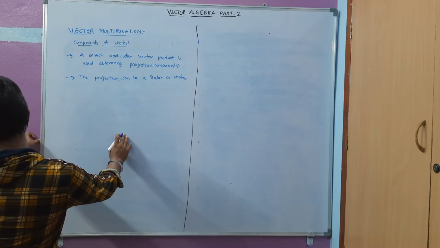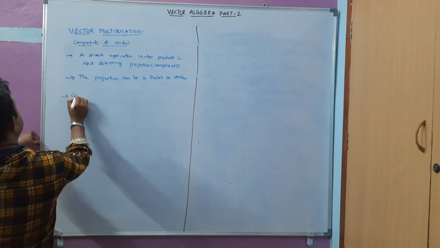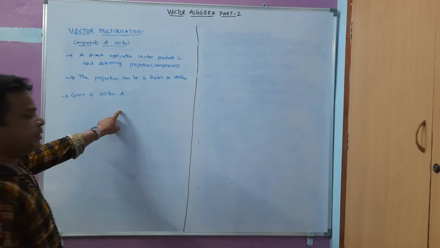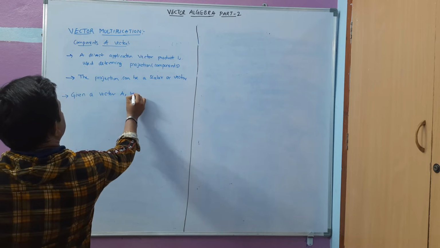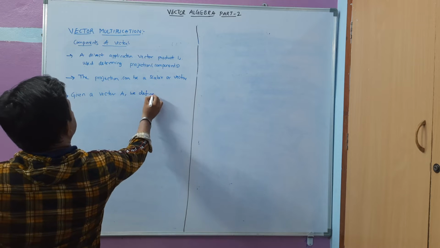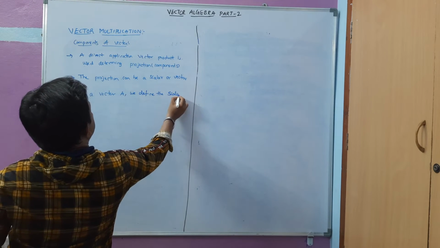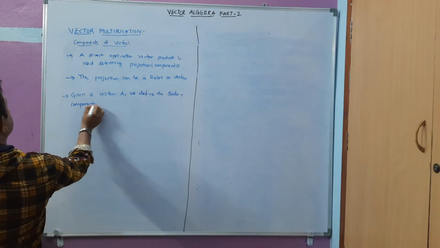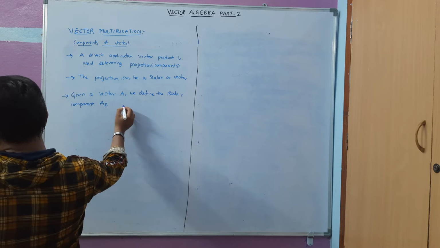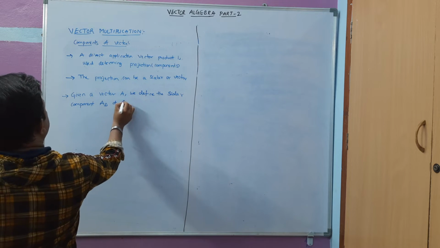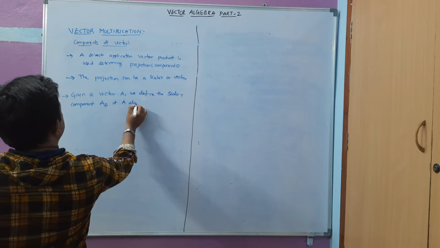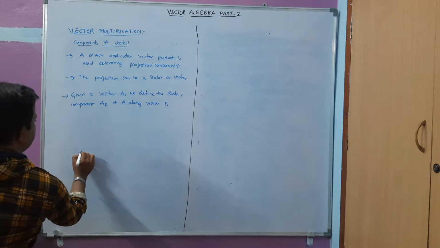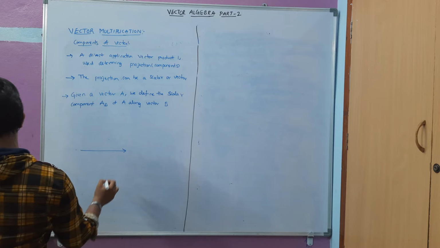So the scalar projection, okay, given a vector, let us take here, given a vector A, we define the scalar projection or scalar component, we can say the scalar component of A on vector B, AB of A along vector B. So we are going to take like this, suppose you are having a vector like this, that is a vector.